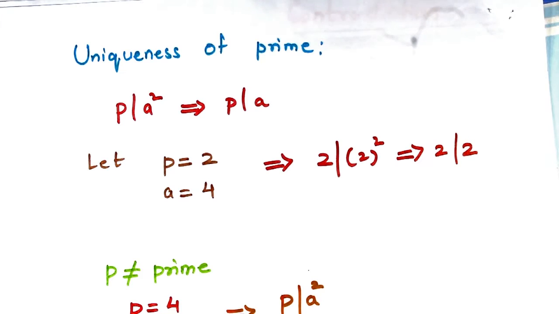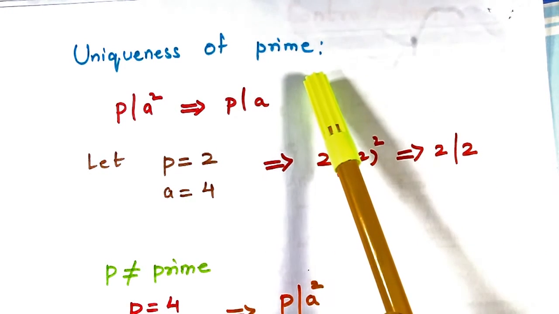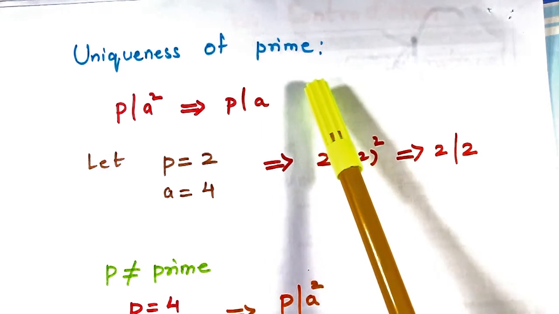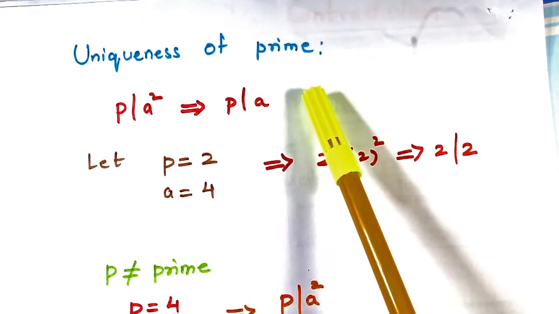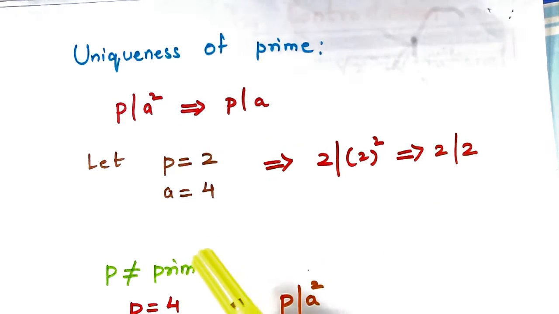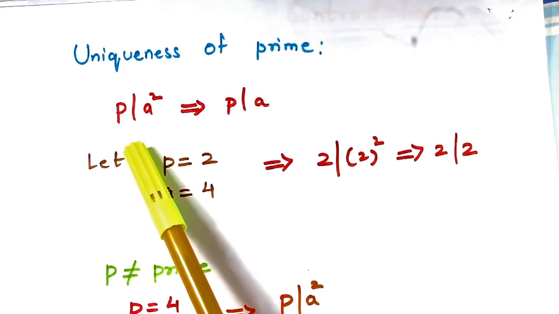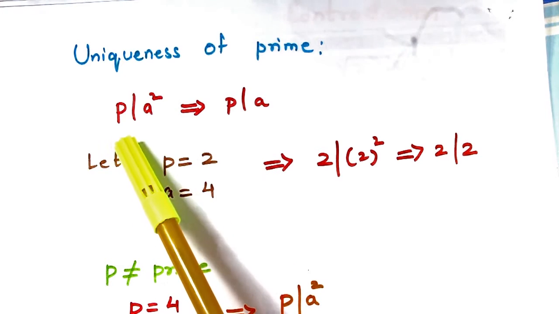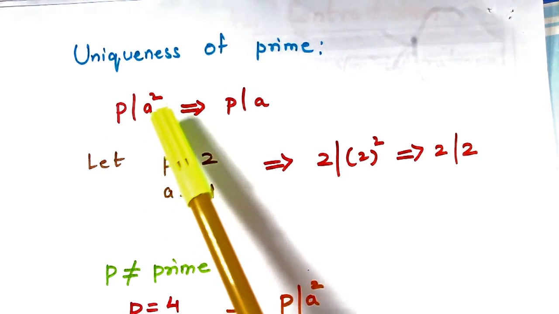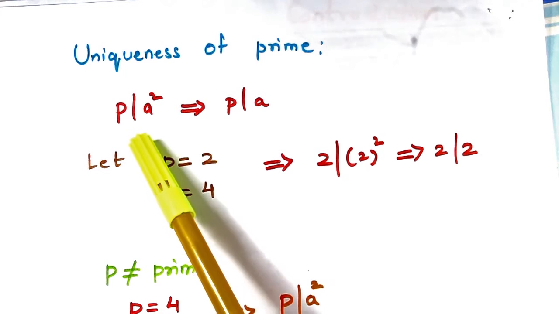Now we have another concept, that we have already discussed previously, about prime numbers. In the even and odd case, we can express every number as prime numbers, but there is a uniqueness of prime numbers. That is, if a prime p, we can generalize this, right? So if a prime p can divide a square, this symbol refers to divides, all right?